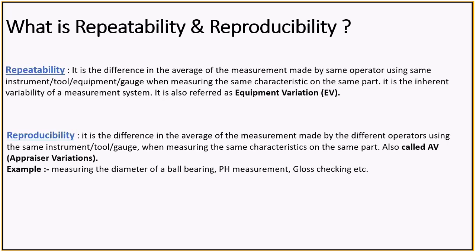If we have differences, that is called reproducibility. It may be because of the operator, or it may be because of operator and part interactions, because parts are also changing, 1, 2, 3, 4, 5, and let's say for part number 3 I have huge variation, but the other person does not. Those are called operator-part interactions. I will tell you in more detail in my video number 3, which is on variable gauge R&R.